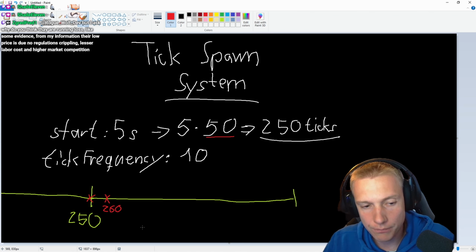We have a counter. We have a float time start. And then we have, instead of a time step, this would be an int. Spawn or tick frequency. Spawn frequency. That's an int and then a count, and we don't need a time end. There we go.